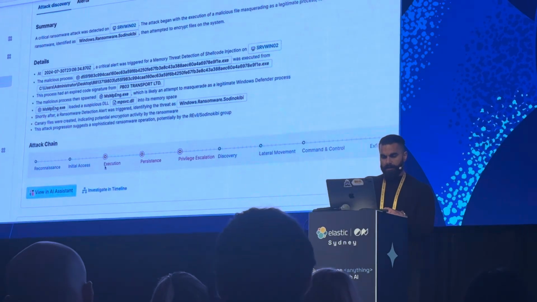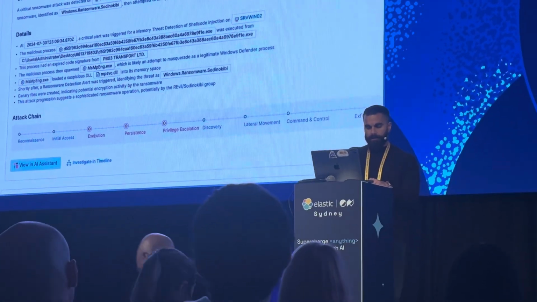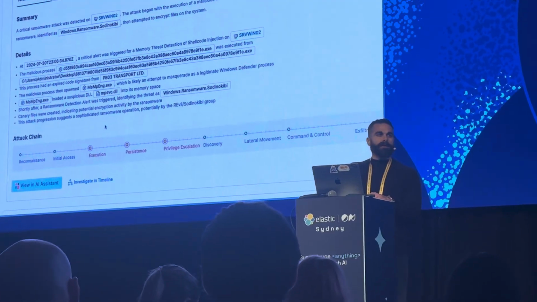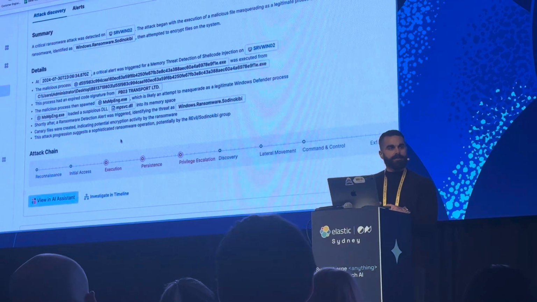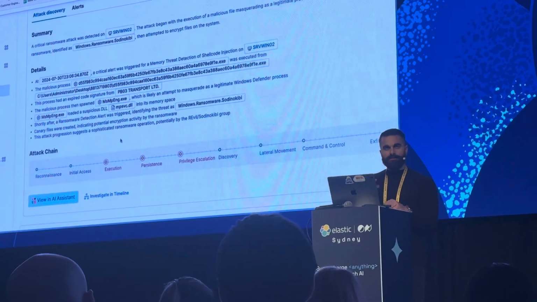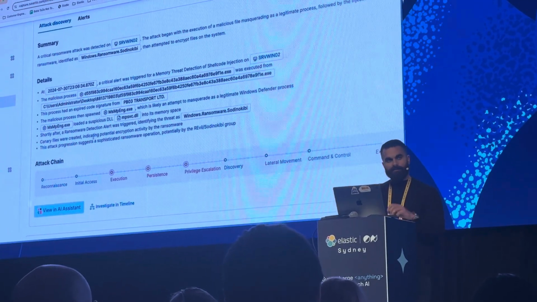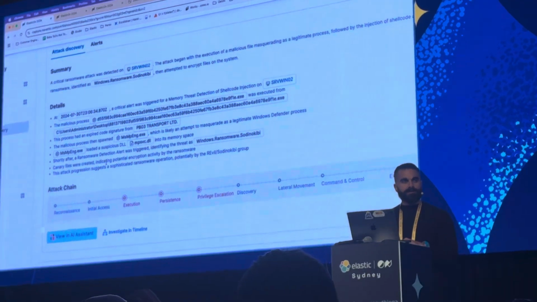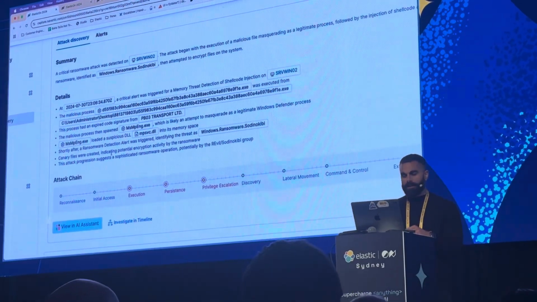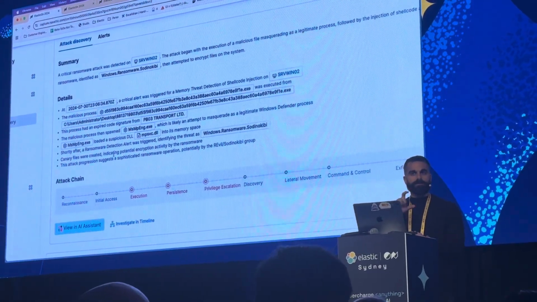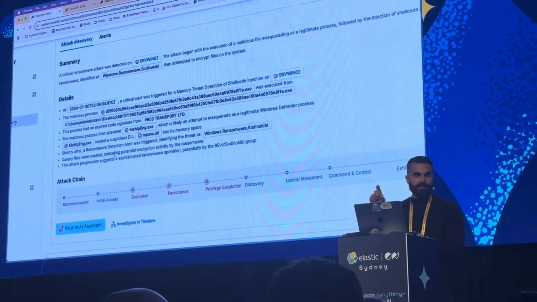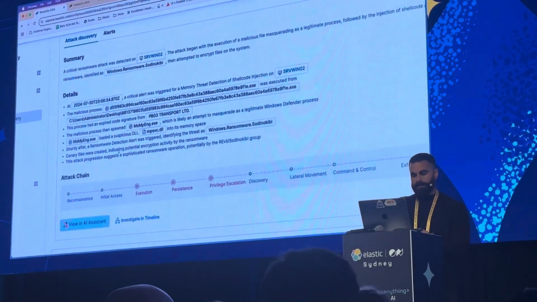What you see under here is the attack chain, and you notice that we don't necessarily have all the data flowing into Elastic. But regardless of not having, for example, the peripheral data in your system, for example, the endpoint data, we're still able to show you what the attack looks like based on what you sent in Elastic.